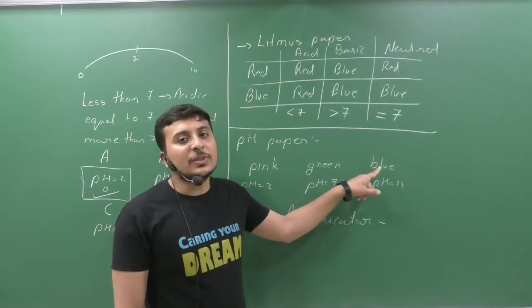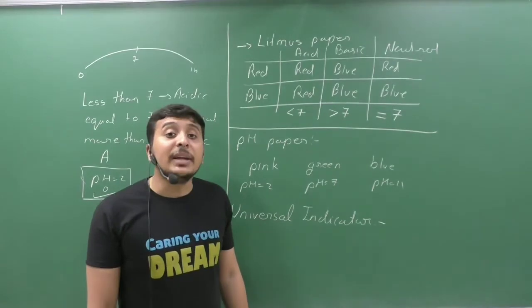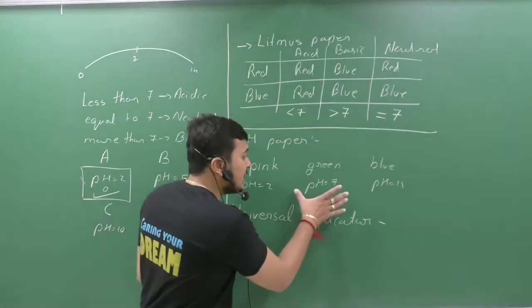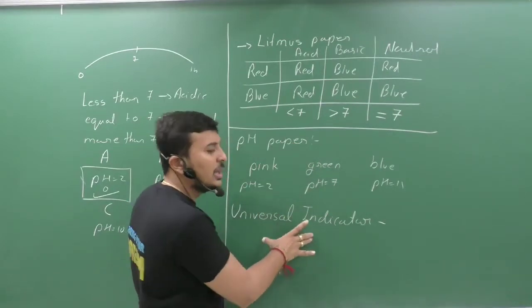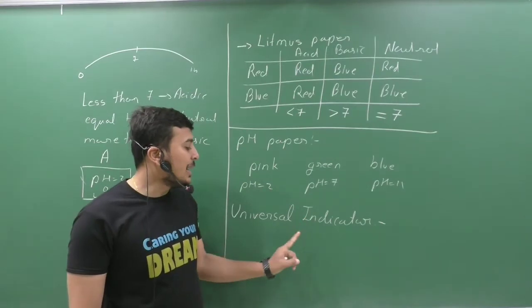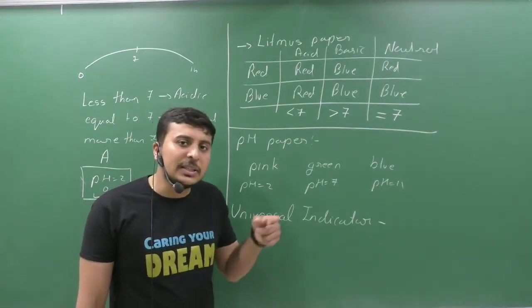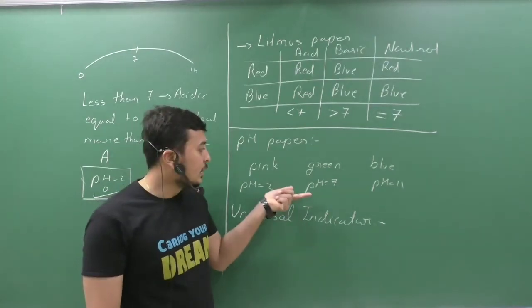And if it changes to blue, then the solution has pH equal to 11. Clear? So these three colors remain the same for pH paper as well as for universal indicator. But here the color of the paper changes, and by using universal indicator, the color of the solution changes. Getting it? Quite clear?